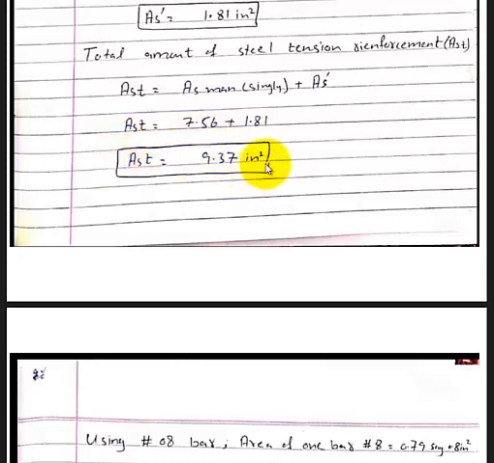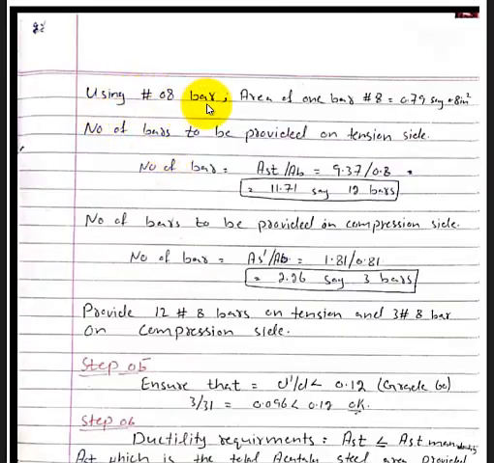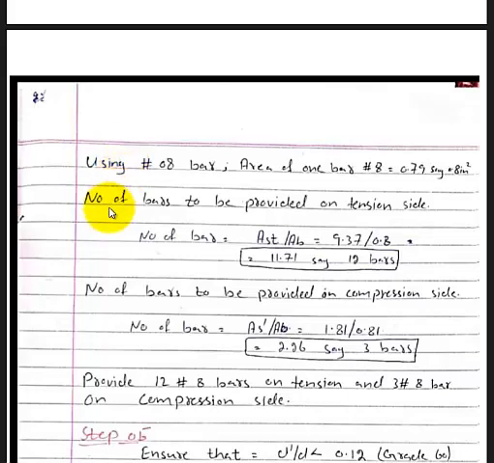We will design the beam for this area. The steel area provided in the beam should not be less than this. Now using number 8 bars, the area of one number 8 bar is 0.79, say 0.8 inch square. The number of bars to be provided on the tension side is AST, the area of steel, 9.37 divided by the area of one bar, 0.8.